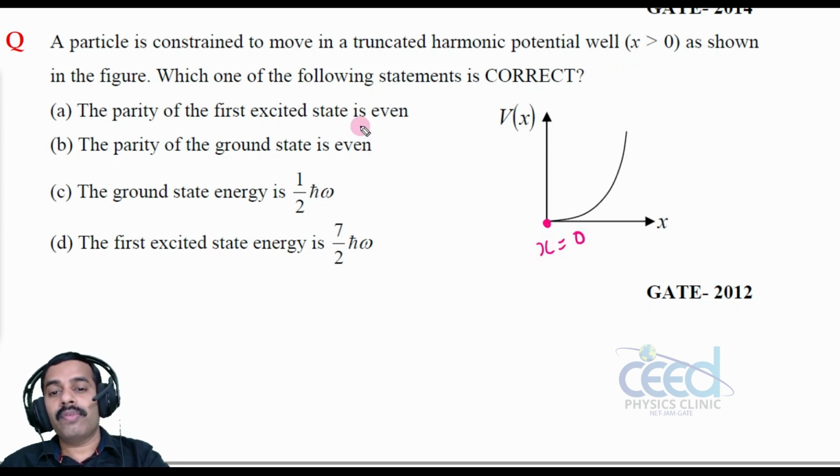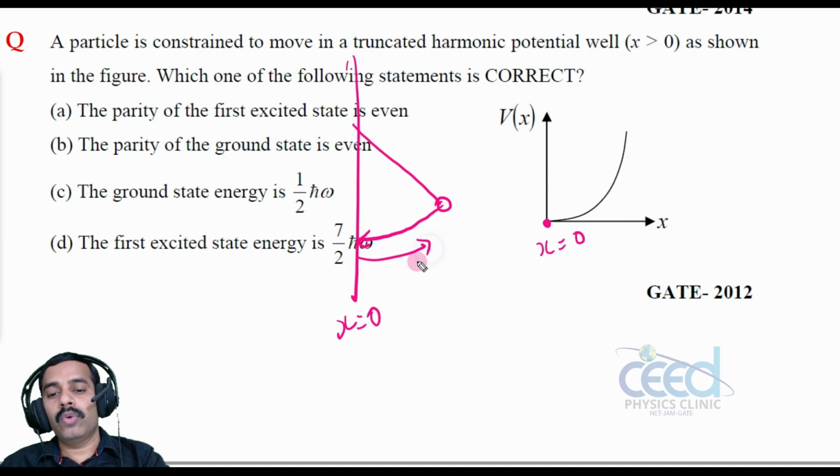Now suppose you have a harmonic oscillator like this. Consider the case of simple pendulum. Now this is x is equal to 0 point. This pendulum can come here and then return back, because at the boundary this potential exists only x greater than 0, right? So that means here the potential is infinity, right?